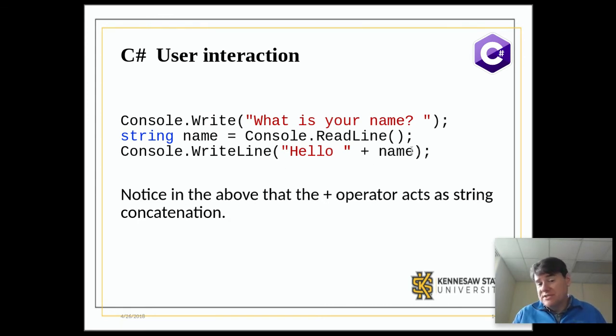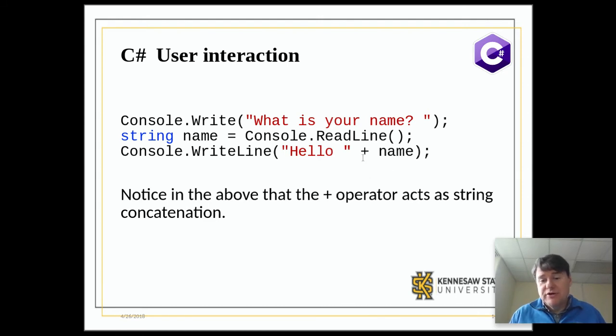At the moment, the bucket theoretically contains somebody's name, because that's what we asked them to type in. By doing a console.write line and putting a plus and the variable name outside of the double quotes, we're able to print out that particular name. For example, if they had typed in Enda, it would say hello Enda. If they typed in Bob, it will say hello Bob. And if they typed in XY273, it'll say hello XY273 for no apparent reason.